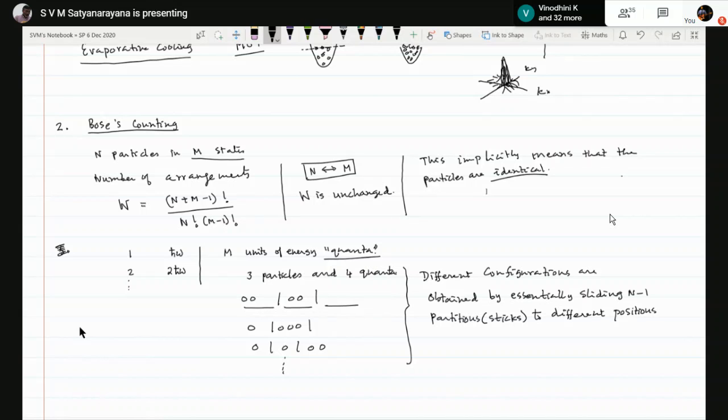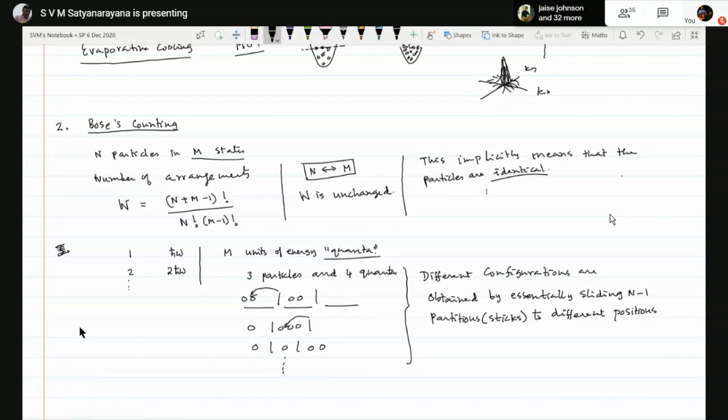Correct? That is what we are doing. Here I have slid this from here to here, then I got this one. Then I have slid this from here to here, then I got this one. So by sliding these sticks here and there, I am getting different configurations.